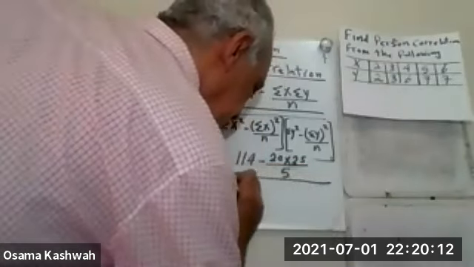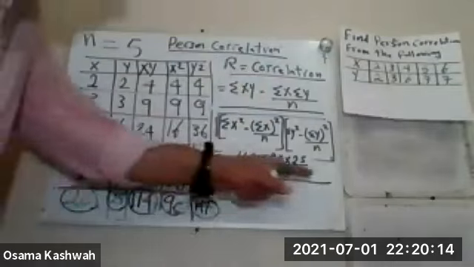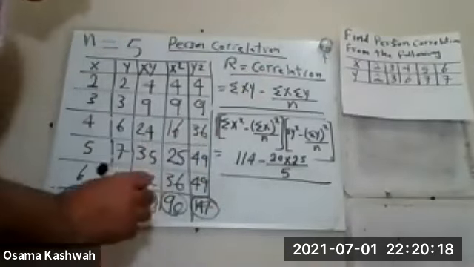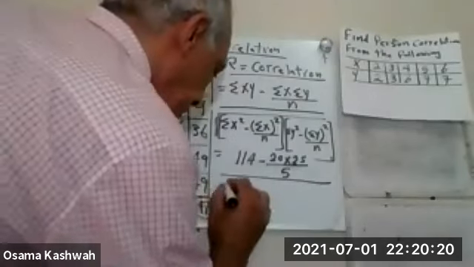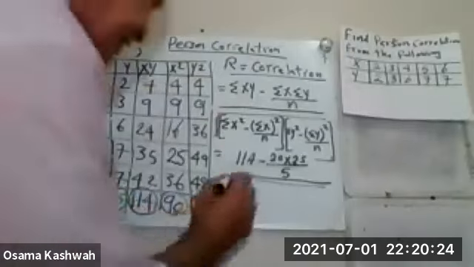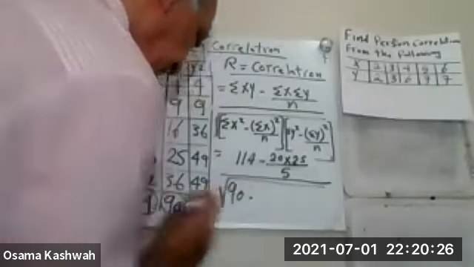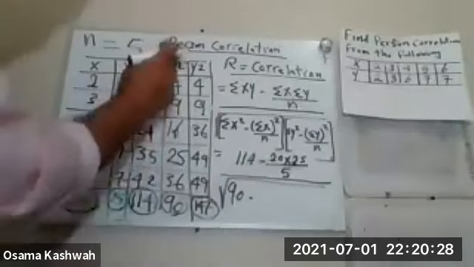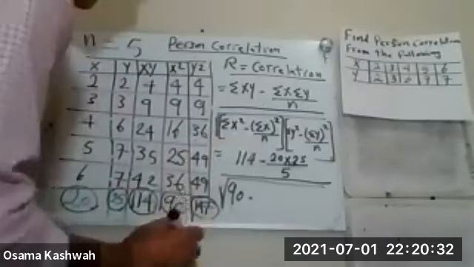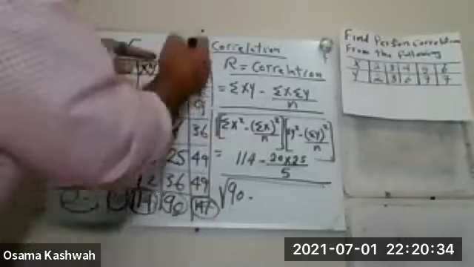And here we go. I will work now on the down part, the denominator. The square root of summation x squared. X squared is 90 minus summation x all squared.